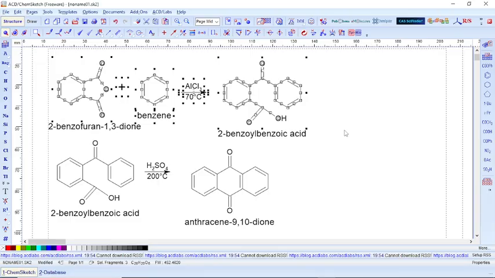We now want to know what quantity of phthalic anhydride and benzene can give me that 10.865 gram. You go back to your reaction calculator, click on it, come to the arrow and click.